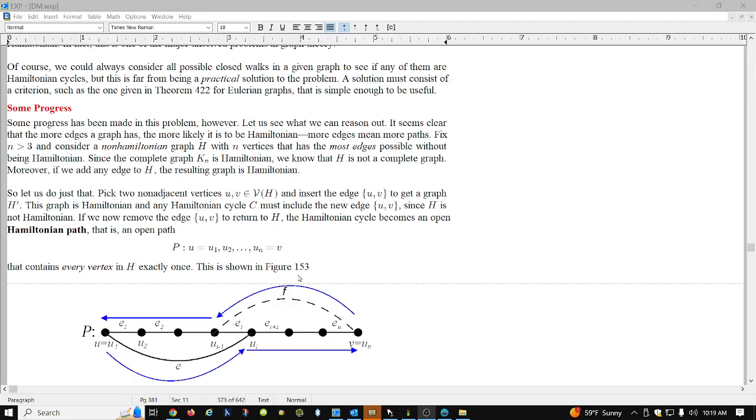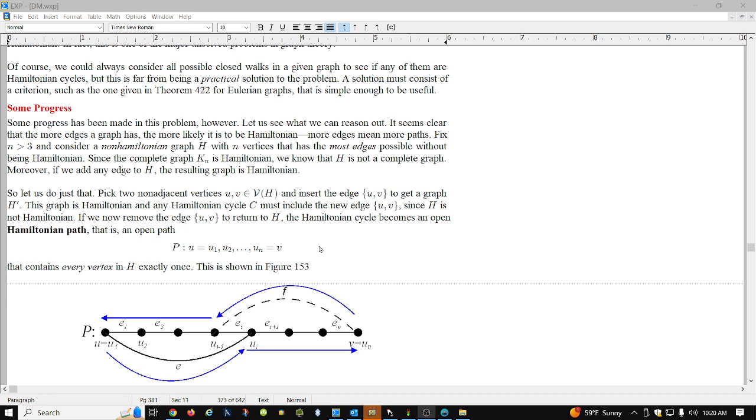Since the complete graph, K sub n, is Hamiltonian, and I will let you sort that detail out, we know that H is not the complete graph, so it's missing at least one edge. And as I just said, if we add any edge to H, the resulting graph will be Hamiltonian because of the way H was chosen to have the most number of edges without being Hamiltonian.